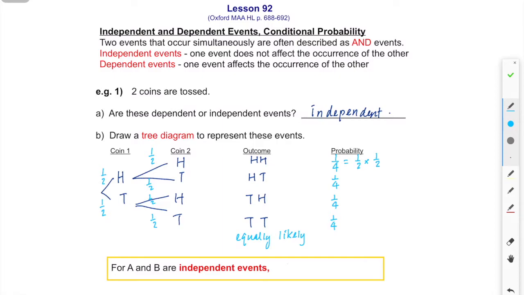So two events occurring together. What we have illustrated here then is that for A and B that are independent events, we can say that the probability of A and B is equal to the probability of A multiplied by the probability of B. So this is a multiplication.